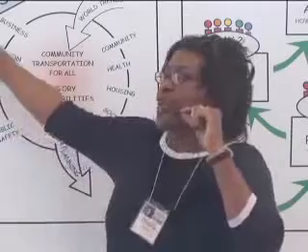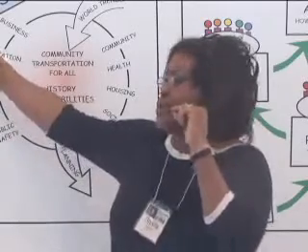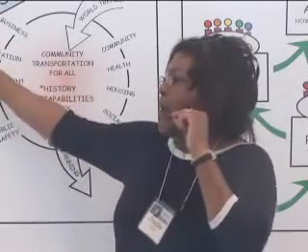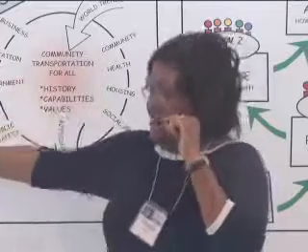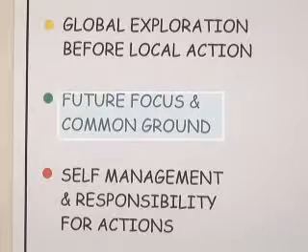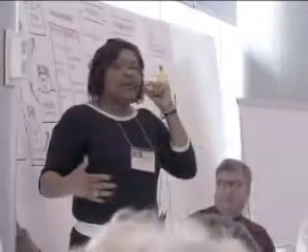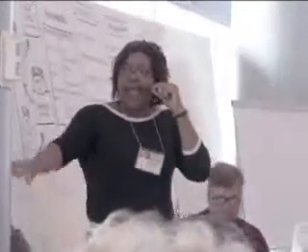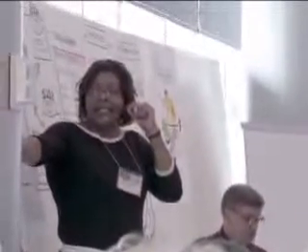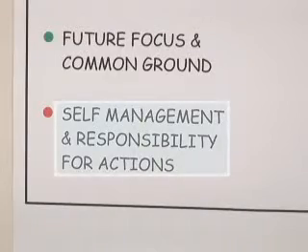So we will do some work that'll seem very much overview, but it's all a part of the plan. The next step is that we're focused on the future and finding common ground. This meeting is about focusing on the future and finding common ground. And then the last step is self-management and responsibility for actions, and we'll talk about that in a minute.